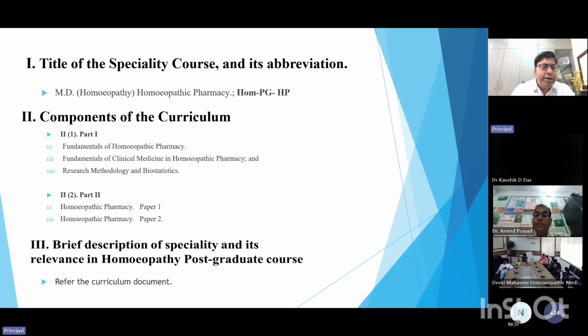Then the components of the curriculum: in part 1, we have 3 papers, paper 1, paper 2, and paper 3. And similarly, in part 2, we have 2 papers, pharmacy part 1 and part 2. So I'm just quickly reading it out.